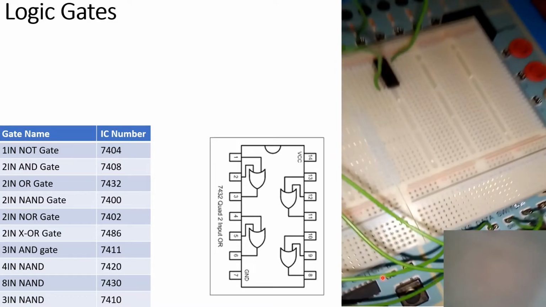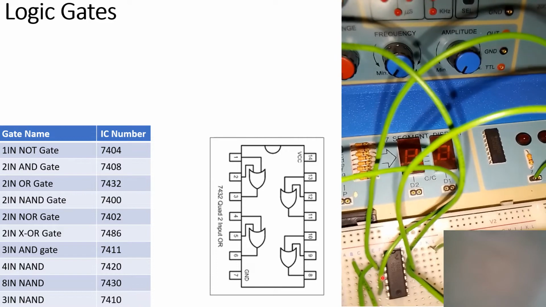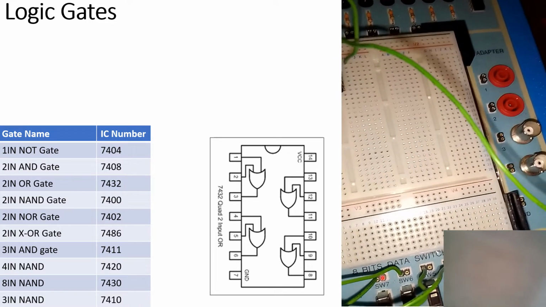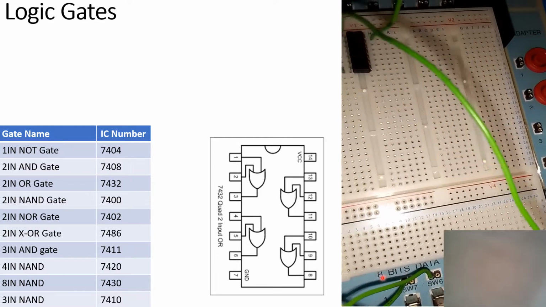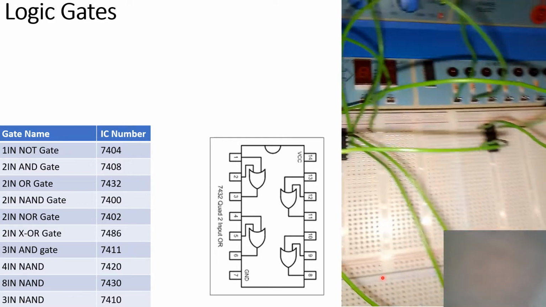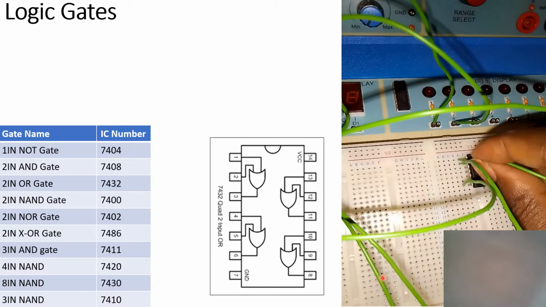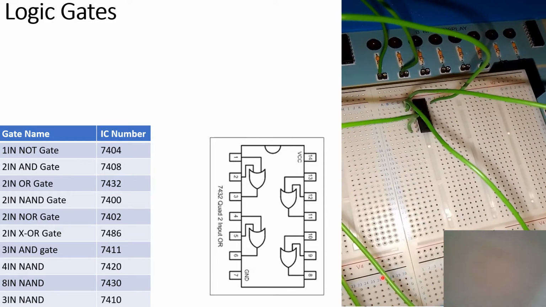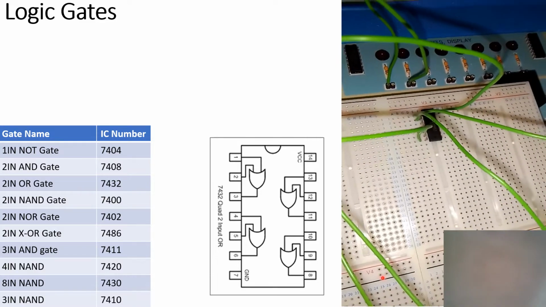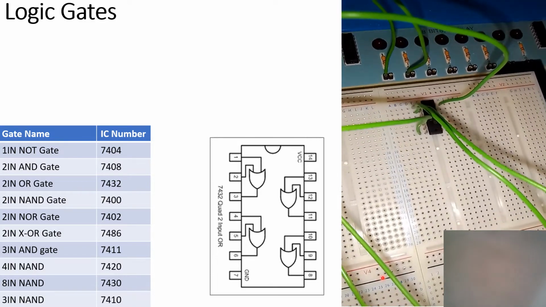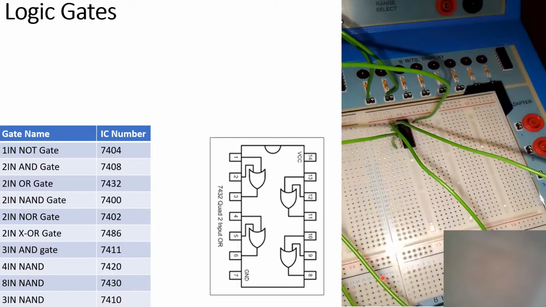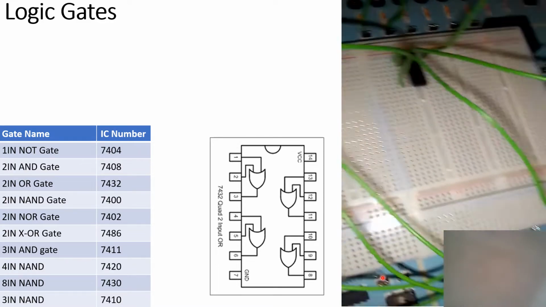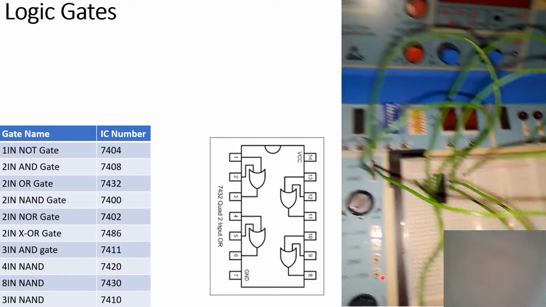Right, so I say input 1 goes to maybe switch 0, and then input 2 goes to switch number 0. Right, and then my output. So let me just change.